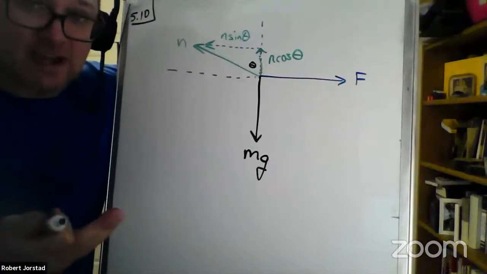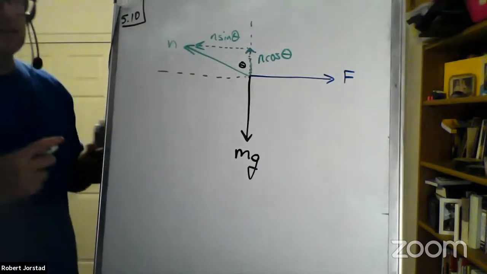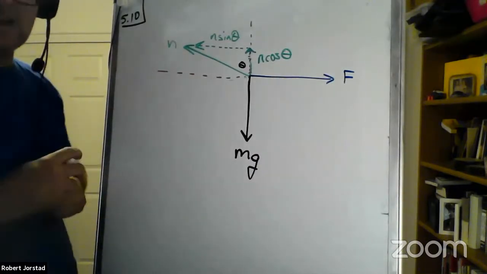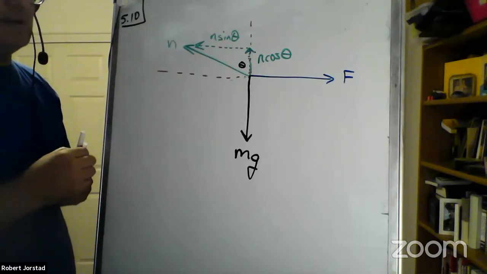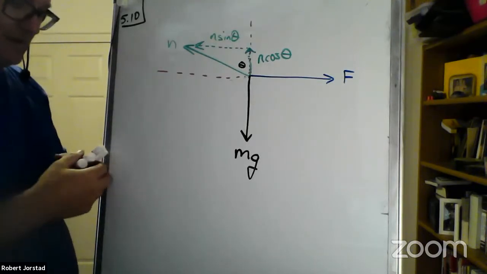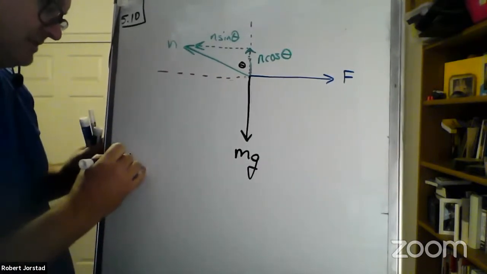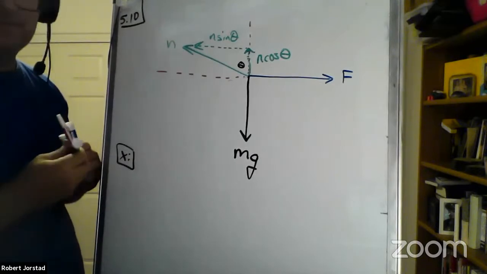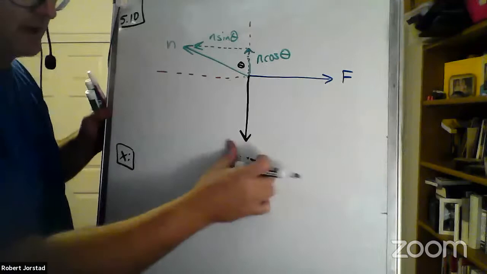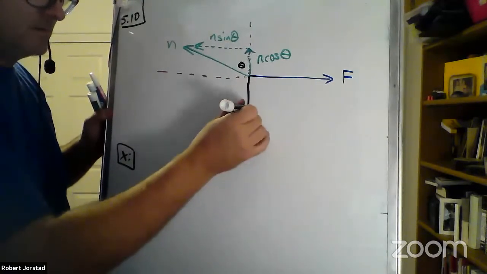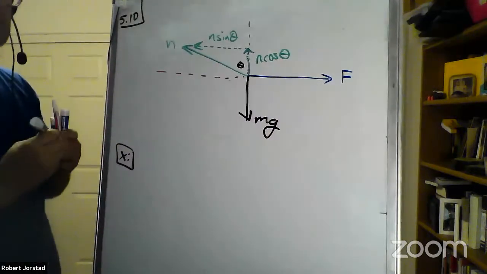Literally, half the time you're wrong if you just assume the x component gets cosine all the time. Half is not enough to pass a class. So now this is looking good, right? Let's practice. Let's write the force equations for this. In the x direction, what's one force in the x direction here?